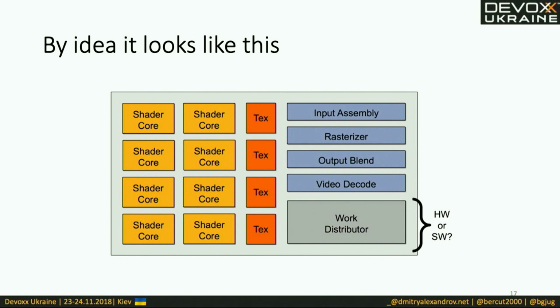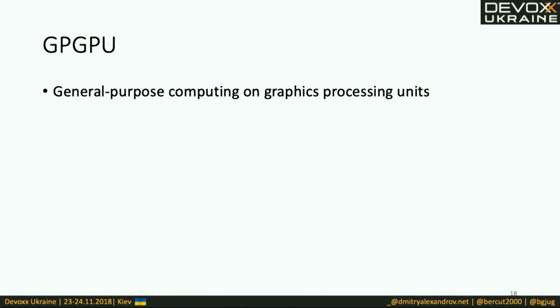Most of the time, a video card, as I said, is a special piece of hardware that schematically looks like this. You have some fancy stuff like shader cores, texture cores, rasterizers, something very special dedicated to video cards. But then at some point, we came to the idea that not only graphics can be processed on video cards, and here we have the idea of general-purpose computing on graphics processing units, GPGPU.